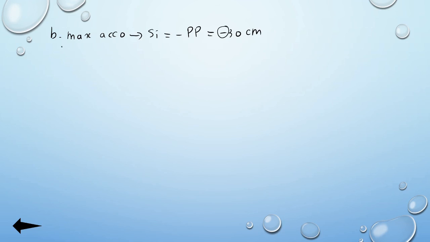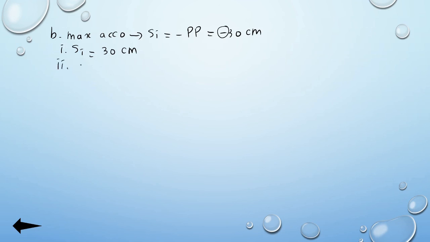So, to answer question number B I, we don't have to write down the negative sign because the distance does not require the sign. So the distance between the image and the lens, or the SI, equals 30 centimeter.